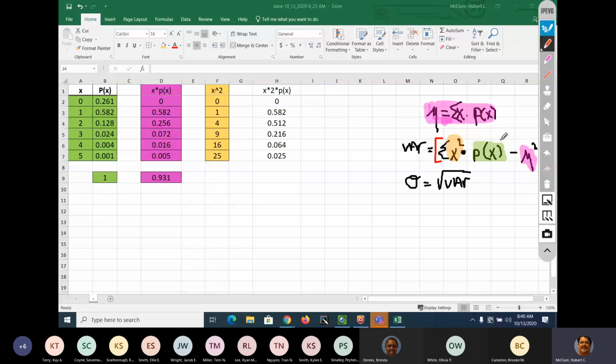What do we do with x squared times p of x? After we multiply it, what do we do? Subtract the mean squared. Not subtract, but what's the funky E? What does that mean? Oh, find the summation. We got to add them all up. So I'm going to take my handy dandy highlighter and highlight this.